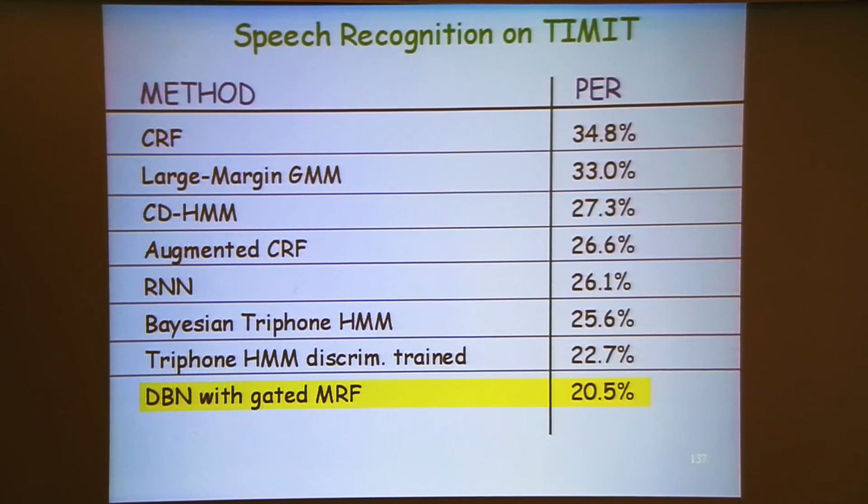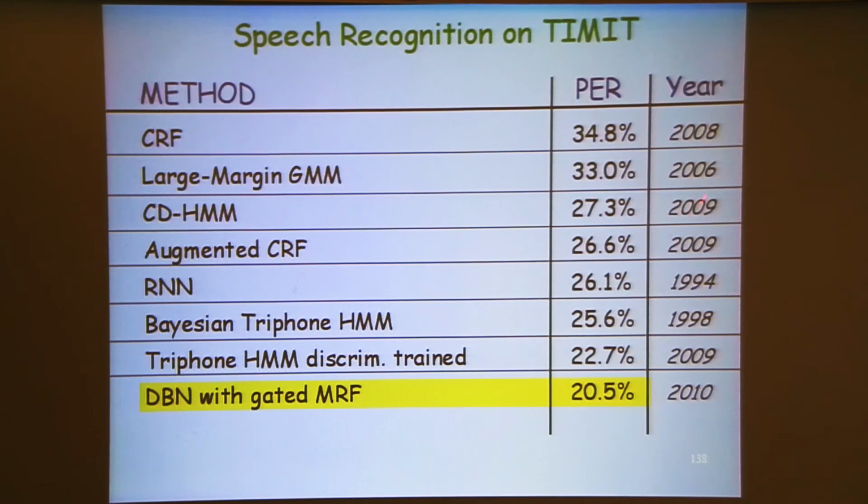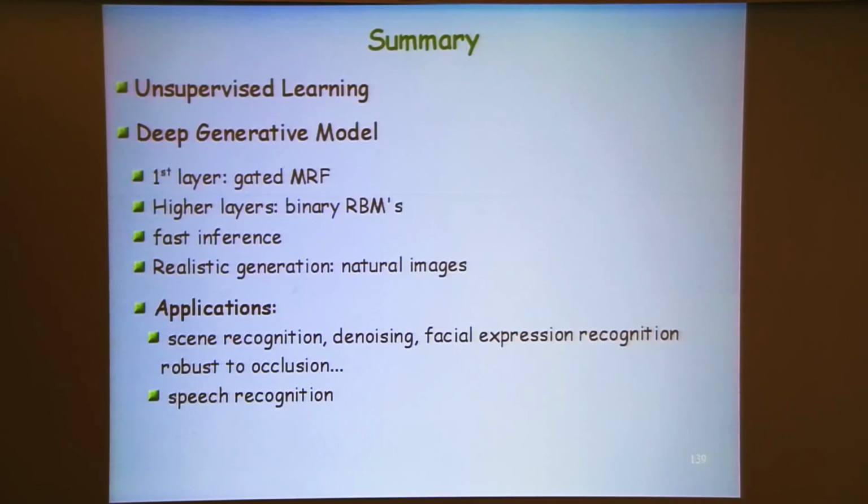And in speech recognition, this is a very big improvement, because if you consider when these results were published, you realize that pretty much the best methods were published more than 10 years ago. And there has been very little progress in improving the acoustic model until deep learning came. And now we are all using deep learning for that.